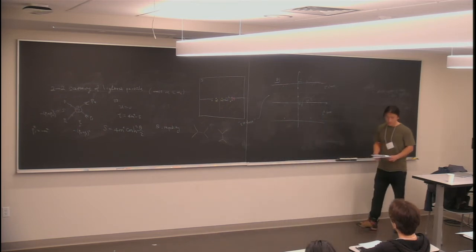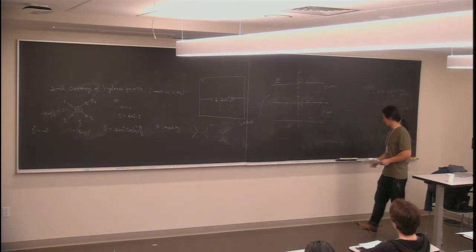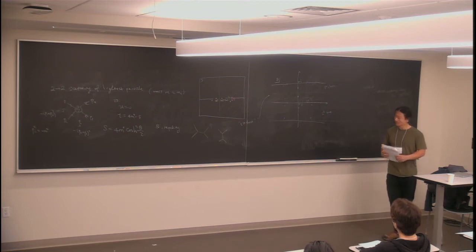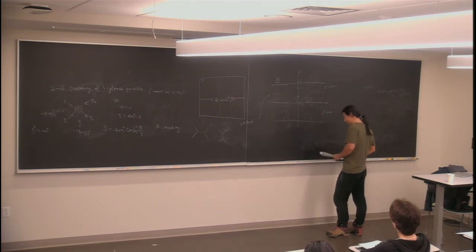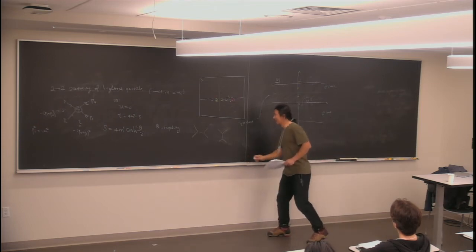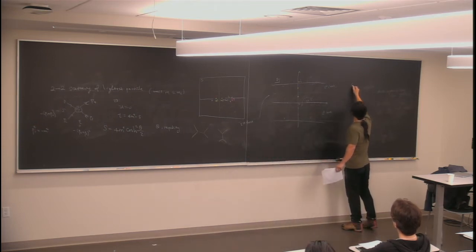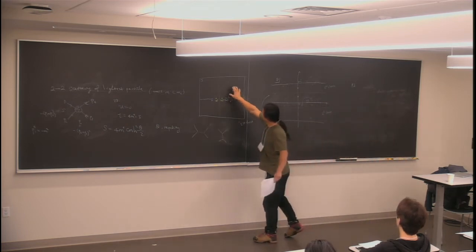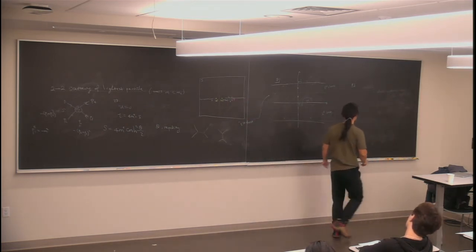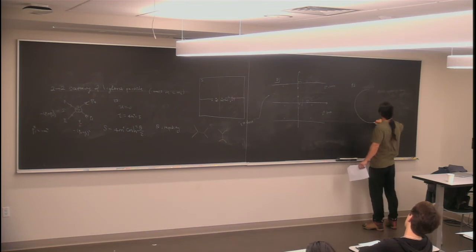Okay, and for the convenience of discussion, I will have to introduce one more parameterization, which is a parameter called z. In this parameterization, I'm going to map this half of the S-plane, this green half of the S-plane, onto the unit disk.